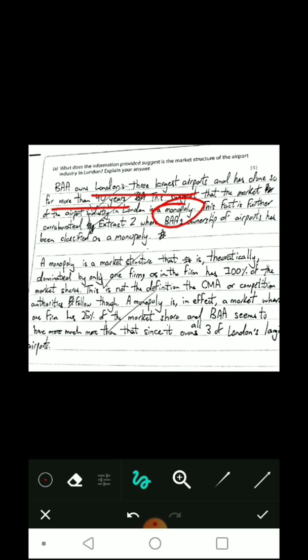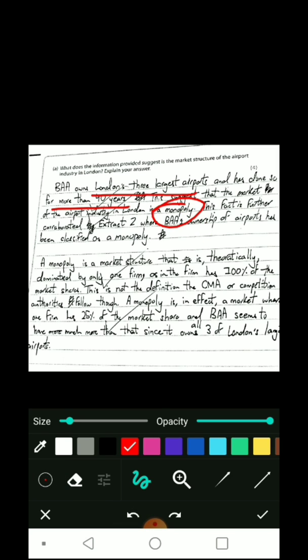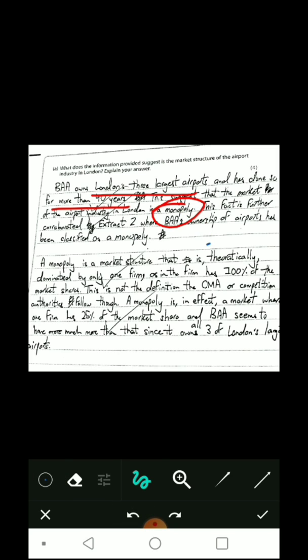And I've used application here, again using the extract. So I'm gonna get by now at the very least 2 application marks and 1 knowledge mark, or rather 1 knowledge and 1 application, let's just say. So far I've got 2 KA marks.